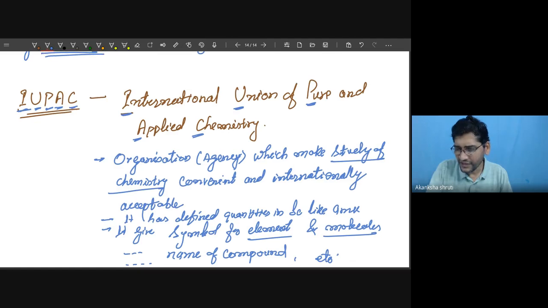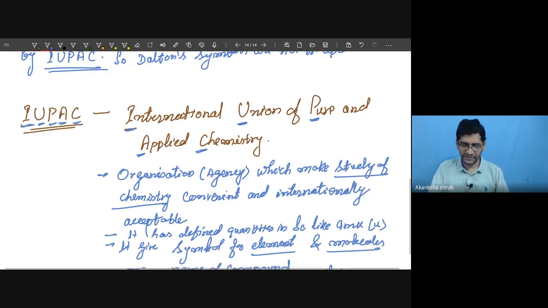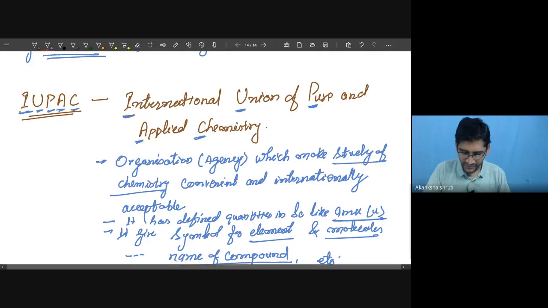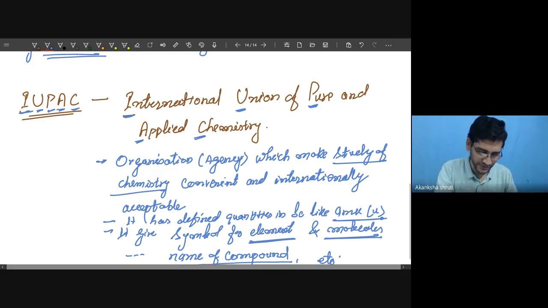So what is the definition of AMU? It was given by IUPAC. So who gave the name AMU or the definition of AMU? Basically it is IUPAC. Who gave the names of the various compounds like organic compounds, symbols for these elements and compounds or their molecules? It is IUPAC, that kind of agency. So what is the full form of IUPAC? That you need to keep in mind, students. It is this one.